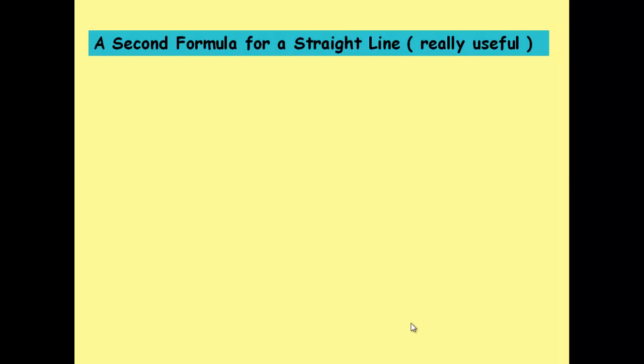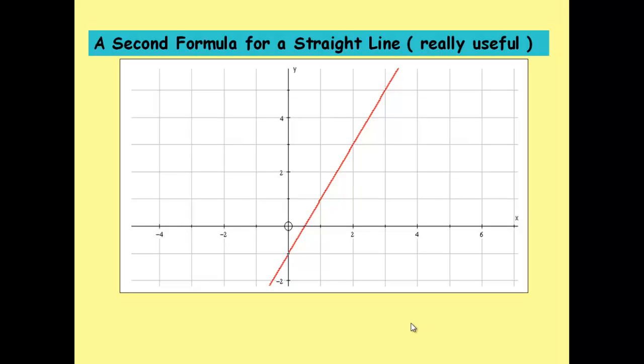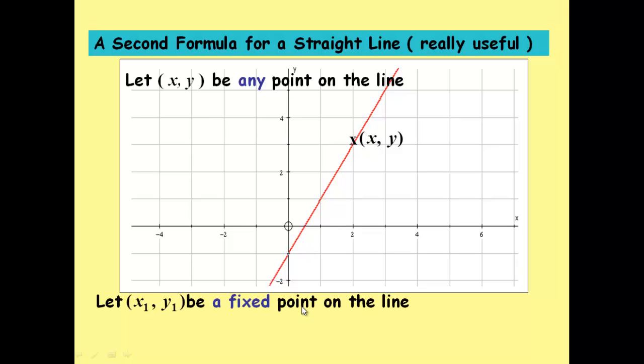Okay, last bit. A second formula for a straight line. This is really useful. You'll find this formula very useful throughout AS and A2 maths. You may find it's the formula that you will use the vast majority of the time. To derive the formula, we can look at x, y as being any point on a line.